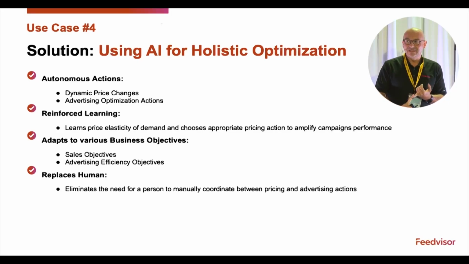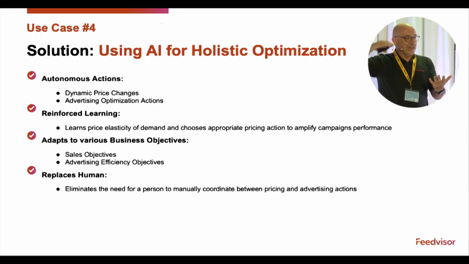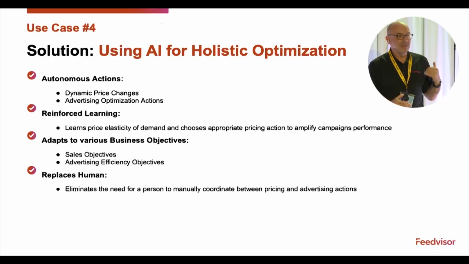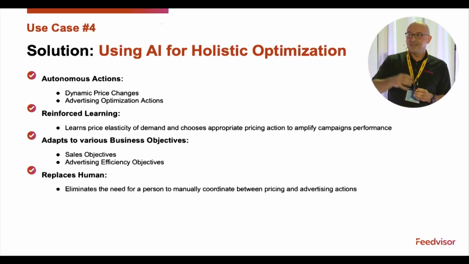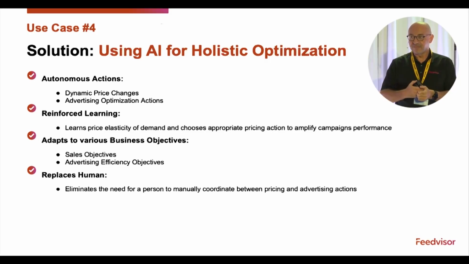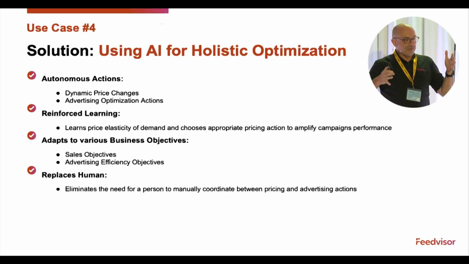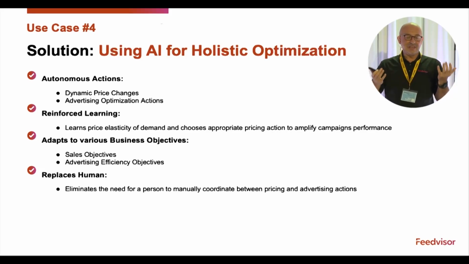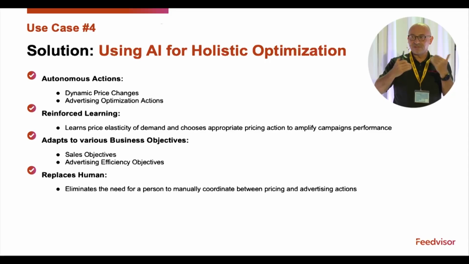The first one is we do dynamic price changes. So we know to understand the price elasticities, we know to understand how pricing influences demand, but we also know to take into account the advertising spend. On the other hand, we know to take the advertising optimization actions. We know to set the bids, we know how to set the right targets. So when these two happen hand in hand, how we really coordinate between them.